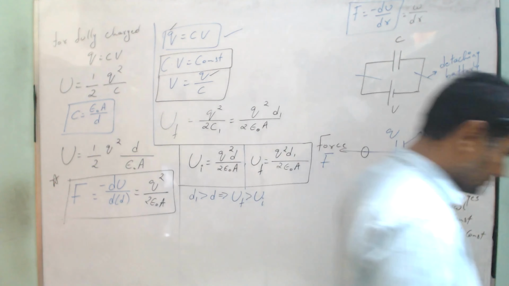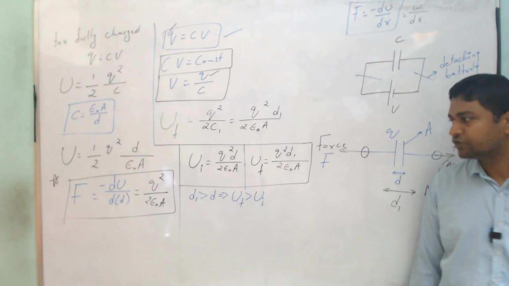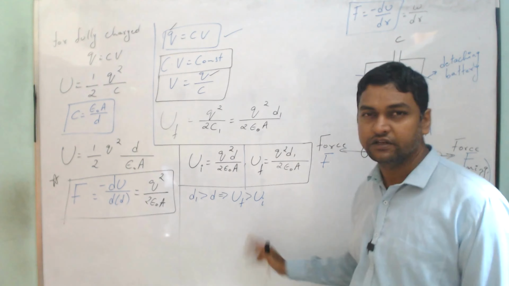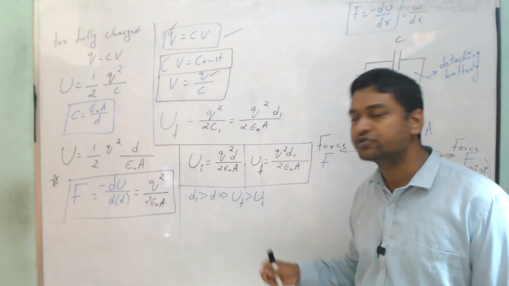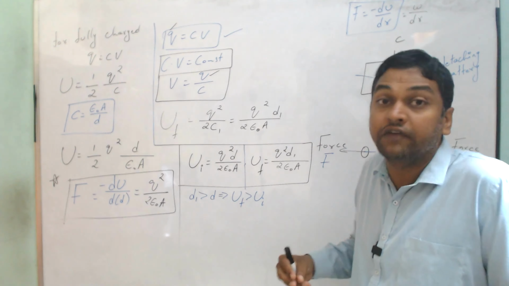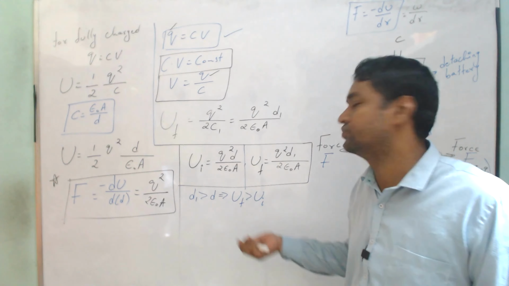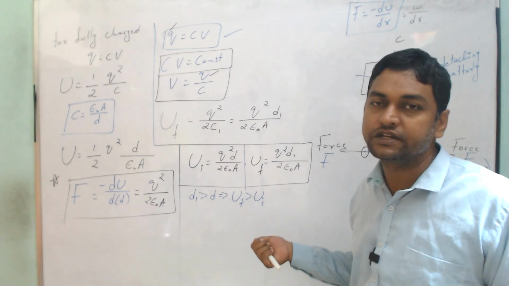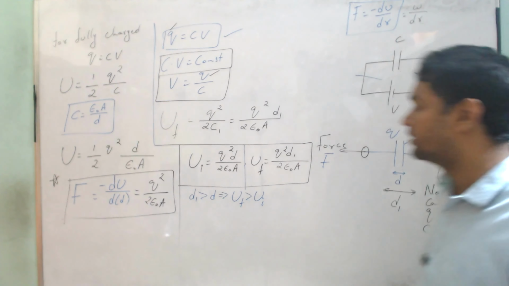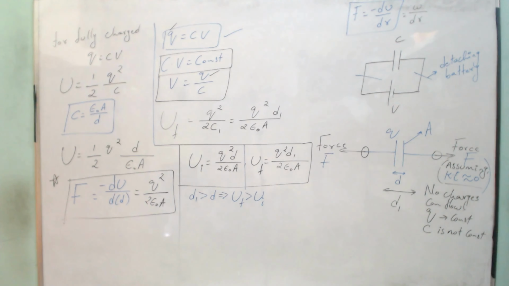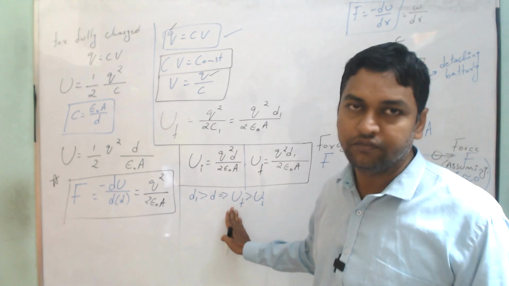Potential energy is added, because final is greater than initial. If it was 50 laddus, now it is 100 laddus. I have given 50 laddus. Only in that situation the potential energy is more, right? That means we have added the energy to the system, right?